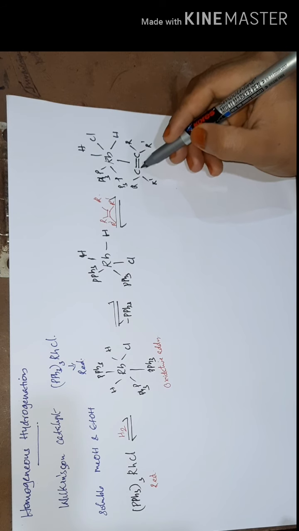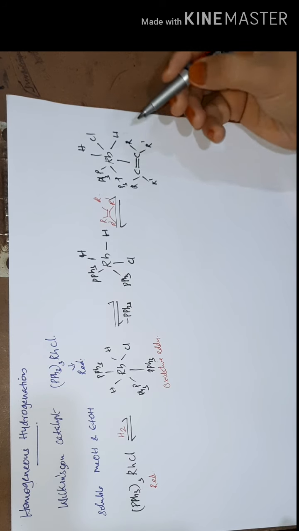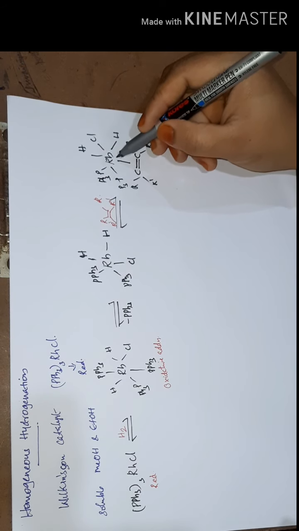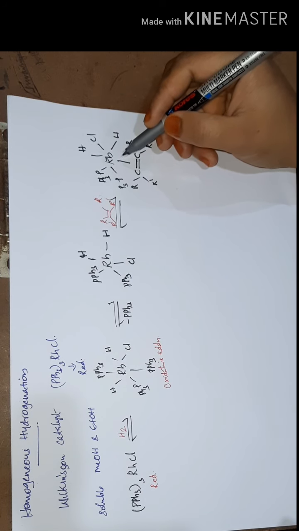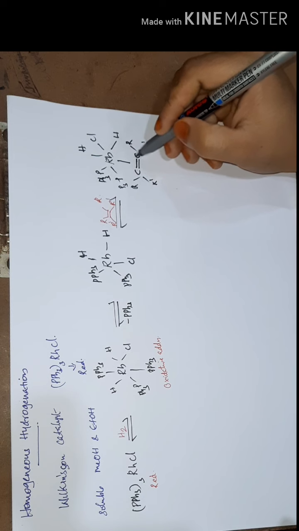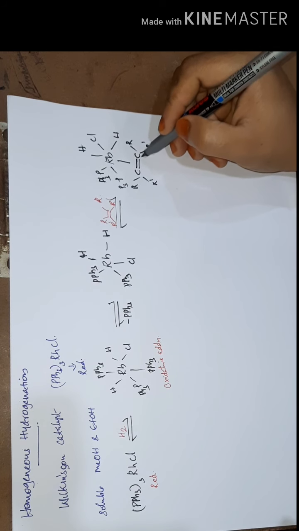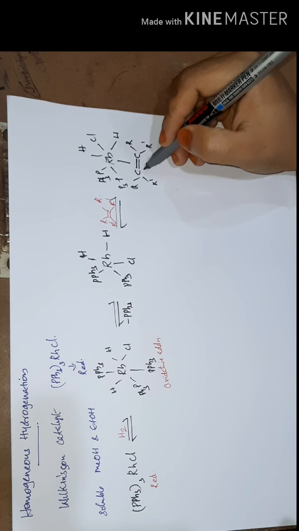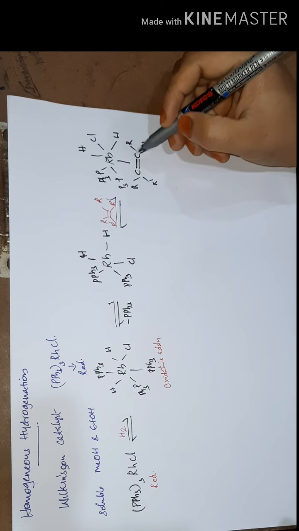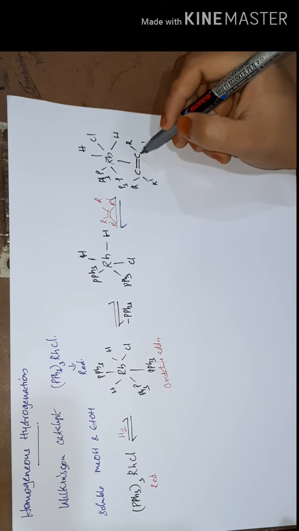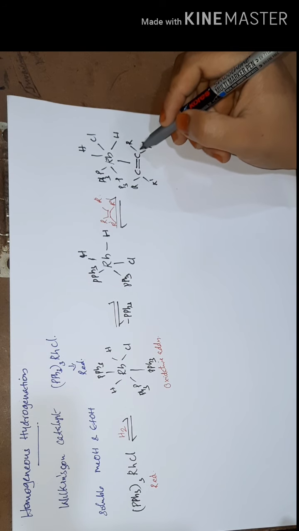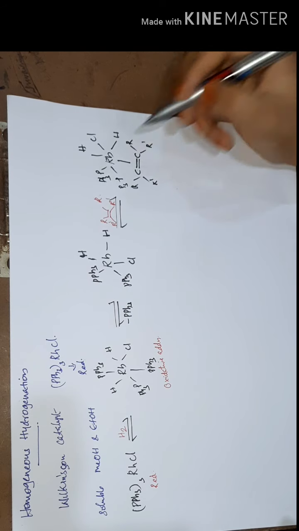That is, the C=C bond is shifting, resulting in a metal-carbon bond. To form this metal-carbon bond, the C=C double bond is shifted to either of the carbon atoms, and the rest of the carbon atom is occupied by one of the hydrogens.